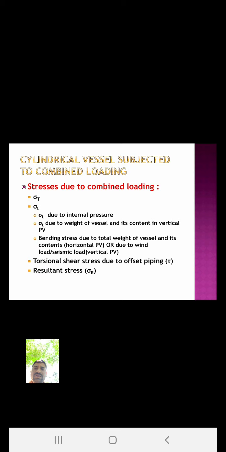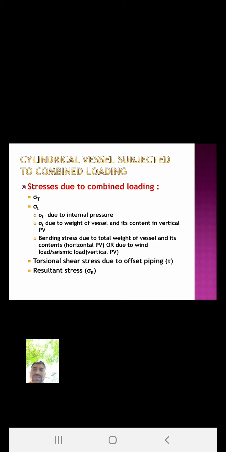Already we have seen two things in the design of the cylinder. Stresses in the longitudinal direction are developed in the cylinder due to the internal pressure Pi.